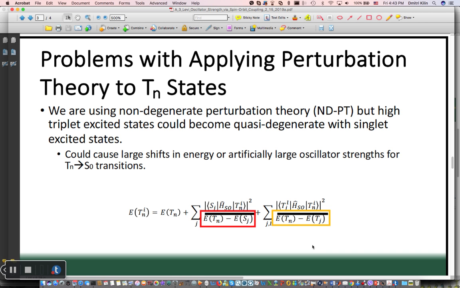So we could have a singlet, and then we could start here, and these terms, D and E, could approach 0. But it's very easy to see whether you have this case, like how degenerate it is.